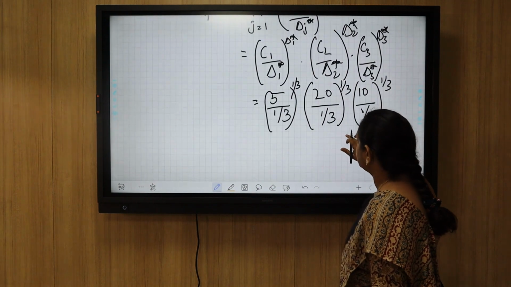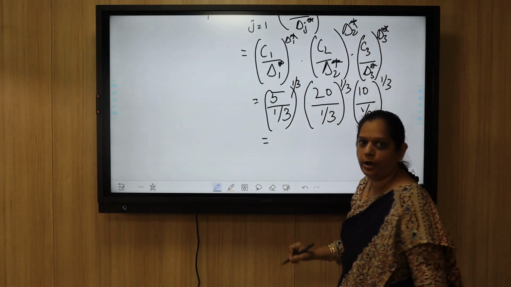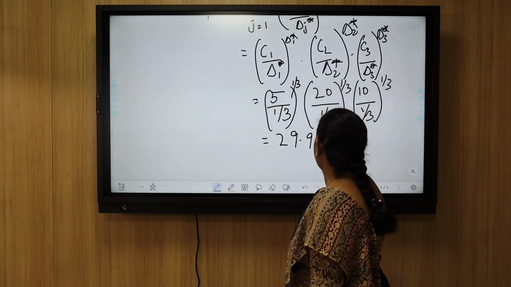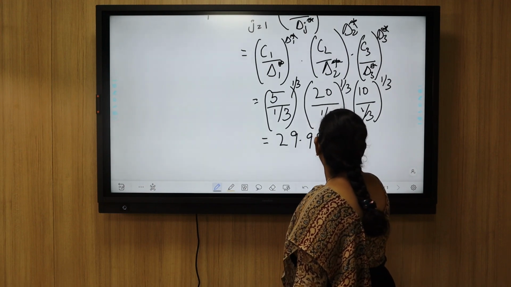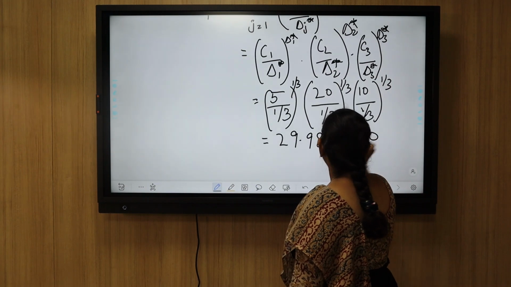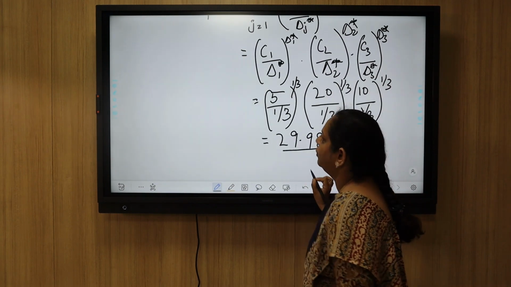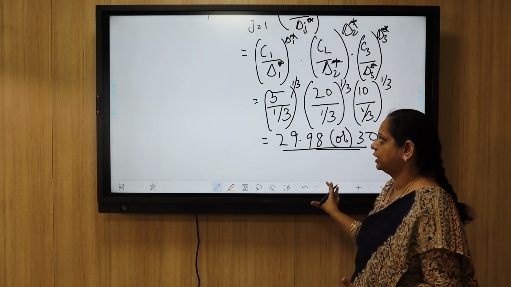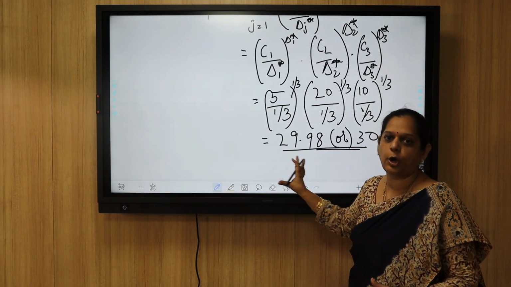By solving this, we get the value as 29.98 or 30. This is your objective function, your optimal solution.